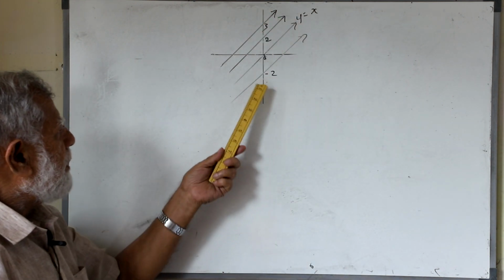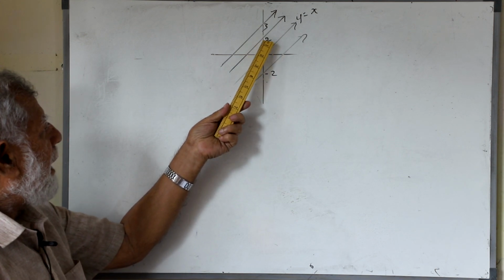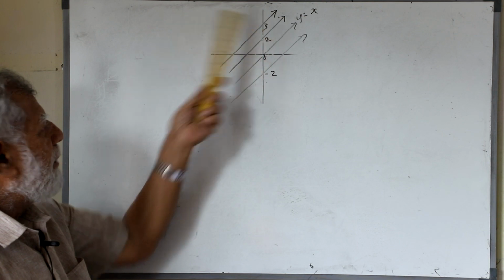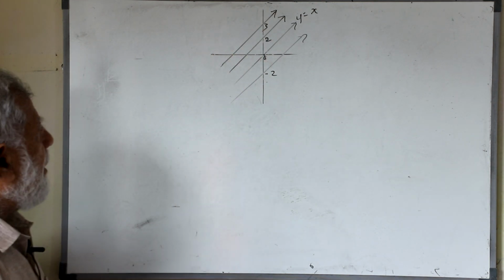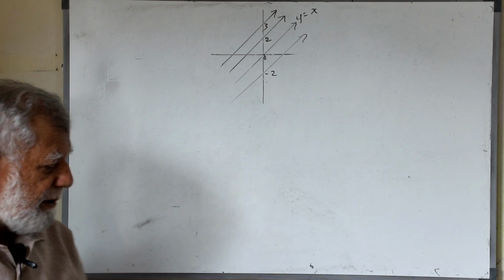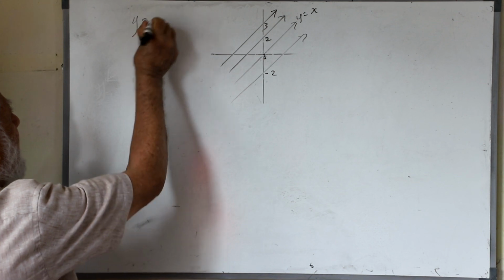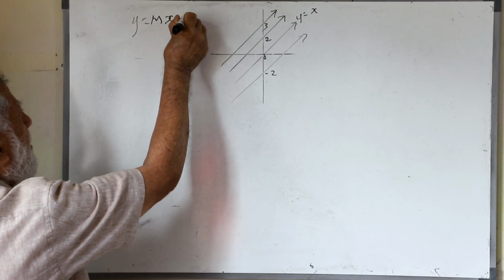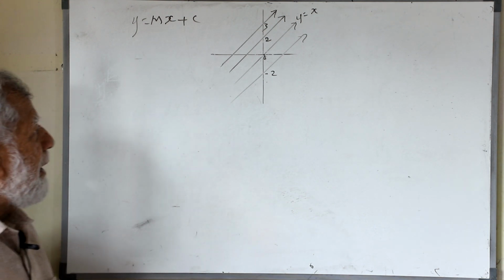So this is going through minus 2, 0, 2, and 3 on the y-axis. Now looking at these lines, you can form the equation, because we studied from the earlier graphs that in y is equal to mx plus c, m is the gradient and c is the y-intercept.